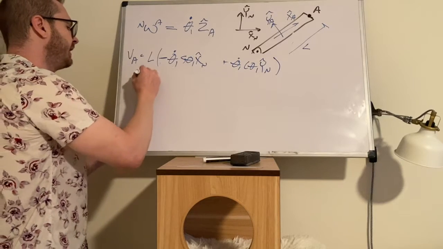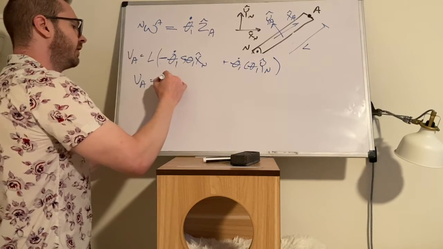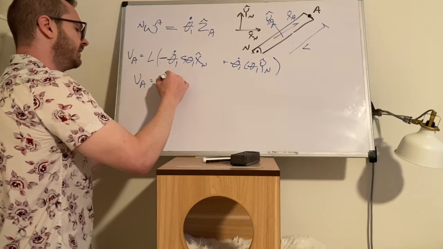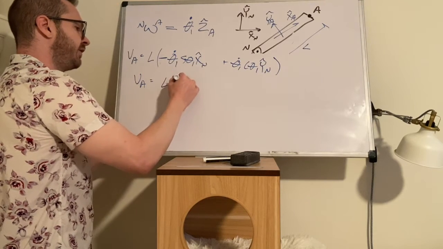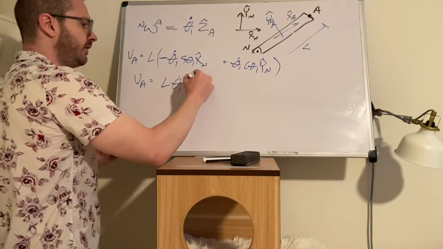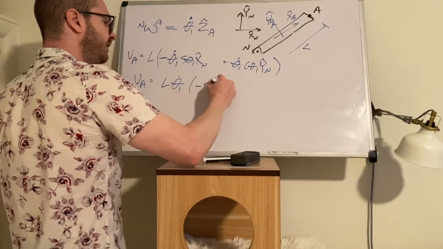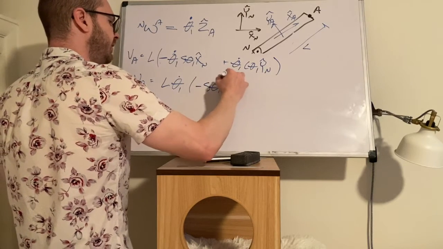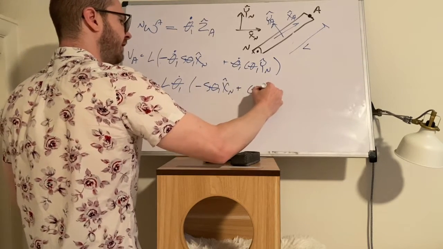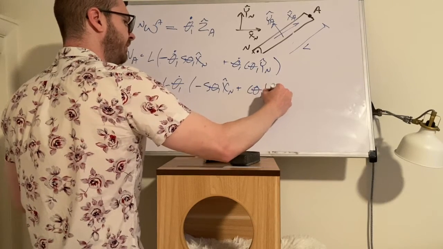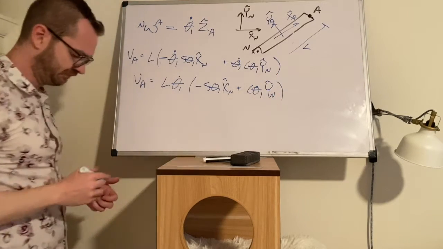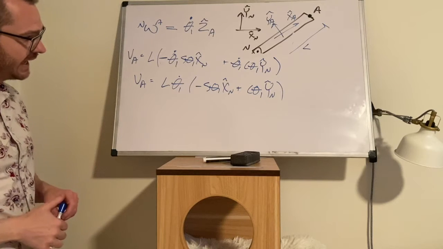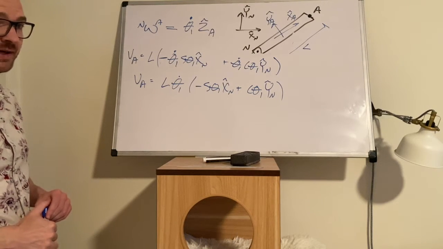So VA equals L theta 1 dot multiplied by negative sine theta 1 xn plus cosine yn. Okay. And in fact, we can simplify this again.